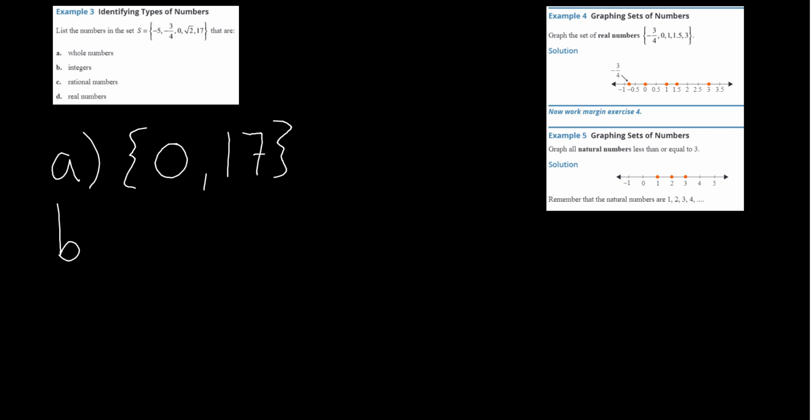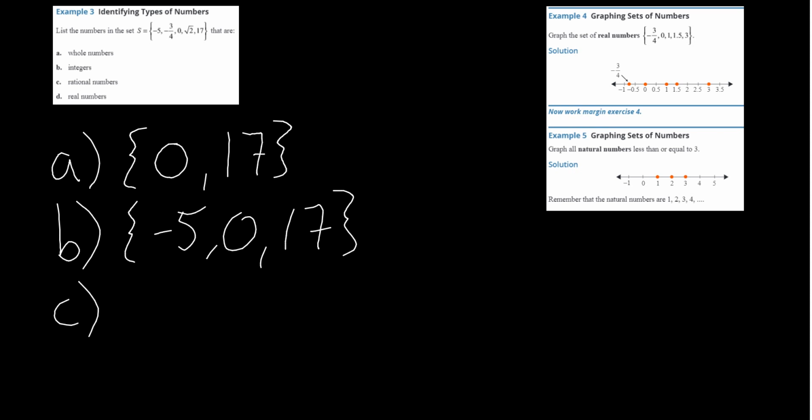So whole numbers are going to be, ooh, I'm sorry, I messed up. It's whole numbers. It's going to be a 0, and it's going to be a 17. So these are examples of whole numbers. B, integers. Integers now will include -5. So -5, 0, and 17.